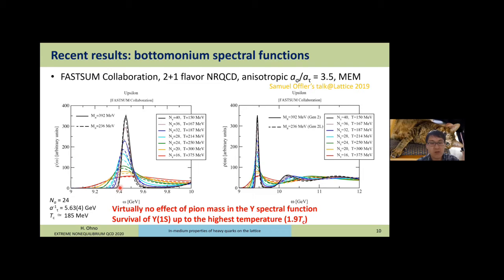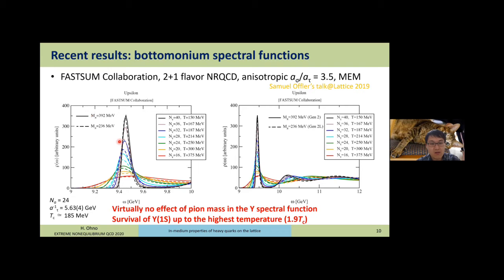Basically, this left-hand side panel is just a zoom of some frequency region of the right-hand side panel. They now have two different pion masses, but what they found is that there is quite small or basically no pion mass dependence.